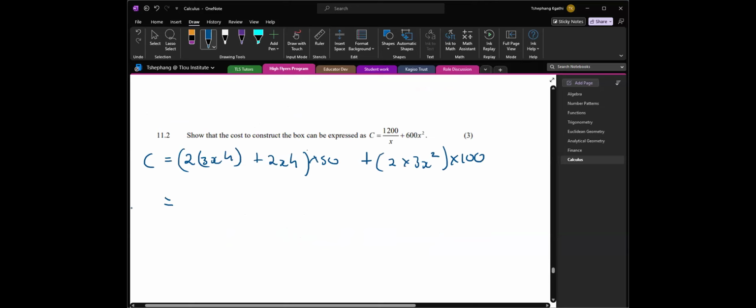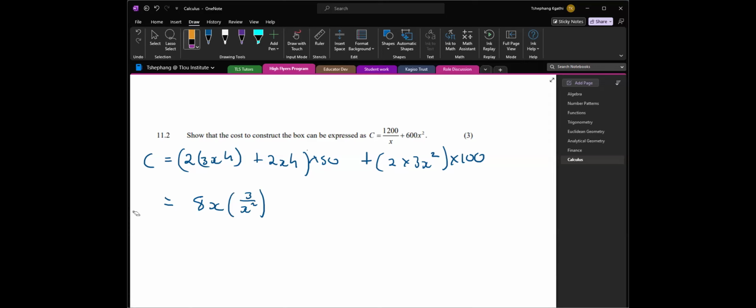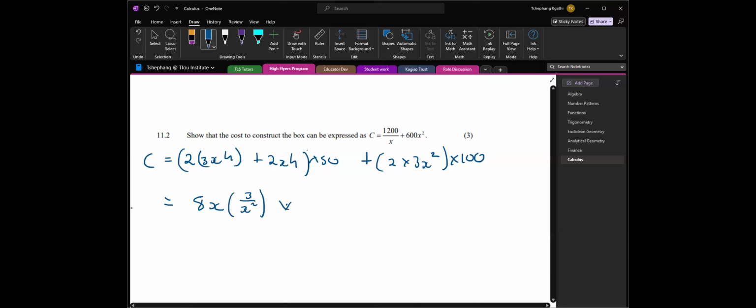Now, let's try to simplify that. If we're getting 8x, and I know h, if this is 3 over x squared, then plus this is multiplied by 100, and then plus 600 x squared.